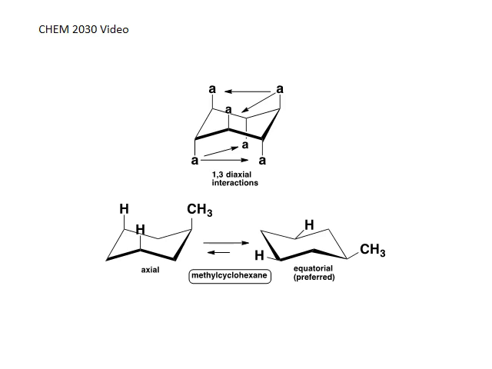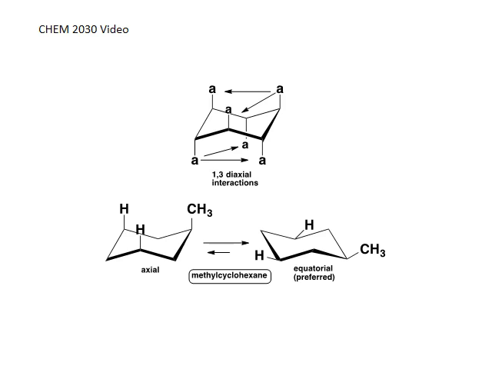Now let's go down to methyl cyclohexane, which we talked about in class on Wednesday. The methyl group can be either axial, that's the first drawing here, or equatorial, which it would get to by doing the ring flip.